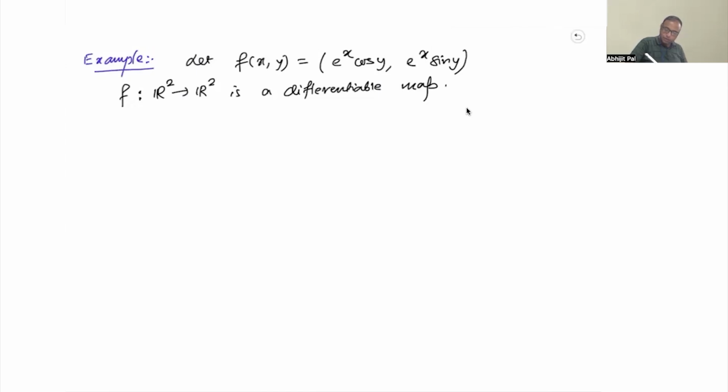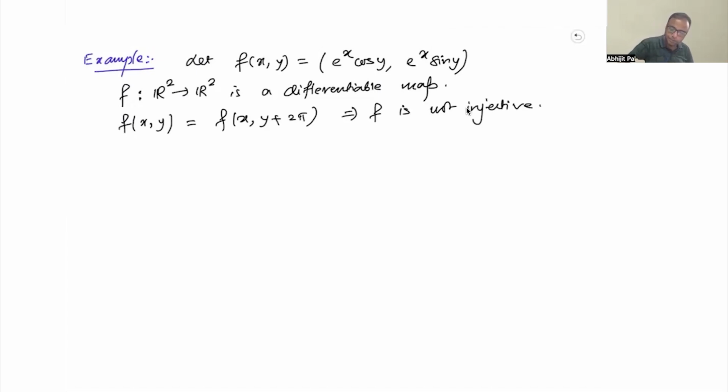Now note that f(x,y) and f(x, y+2π) coincide. So f(x,y) is equal to f(x, y+2π). Because of this, the map is not one-to-one, so f is not injective.